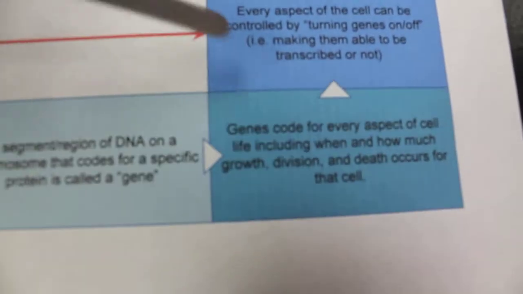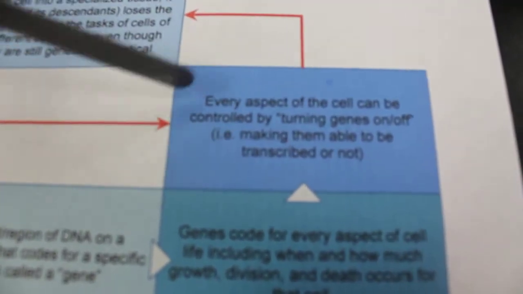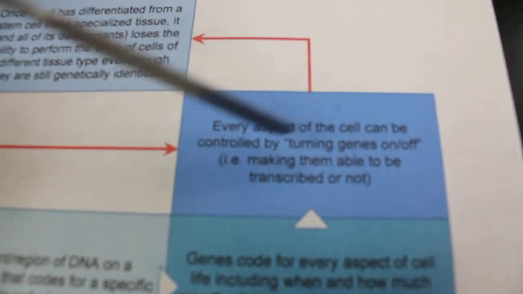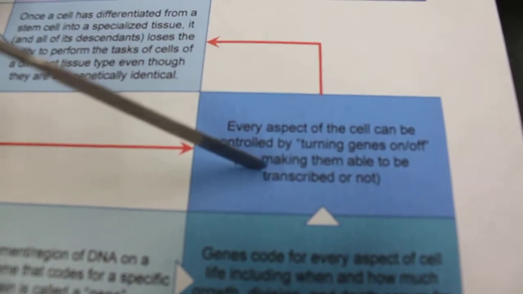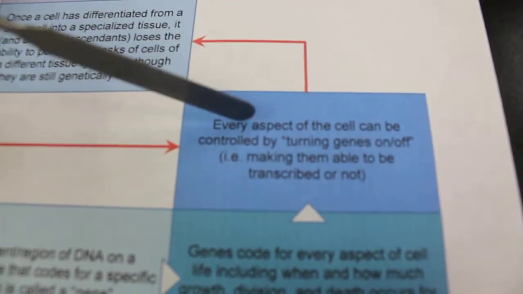So, every aspect of the cell can be controlled by turning genes off or on. If you make them able to be transcribed or not, that's turning them on or off. So you can control every aspect of the cell by controlling the genes. All right, let's get back over here.